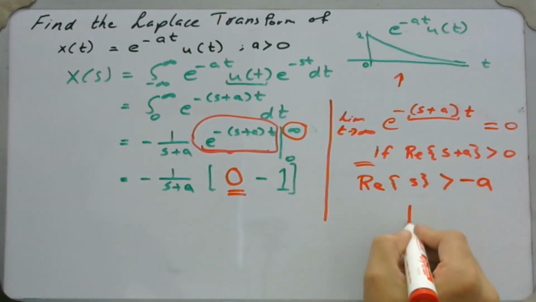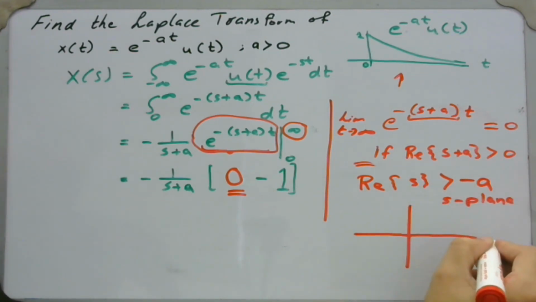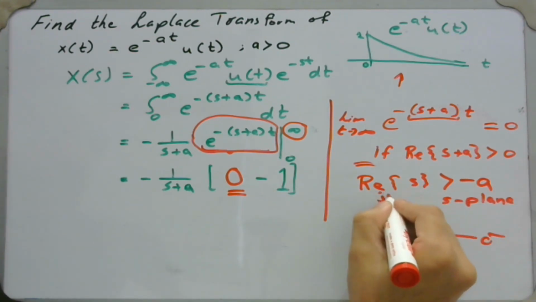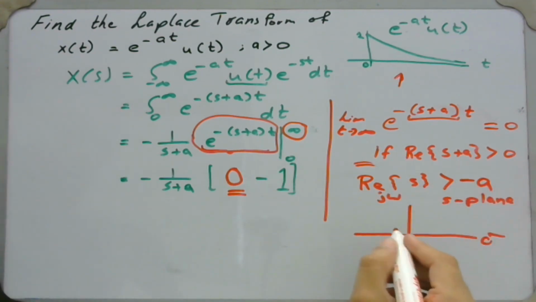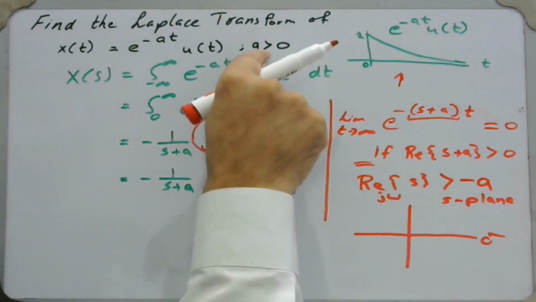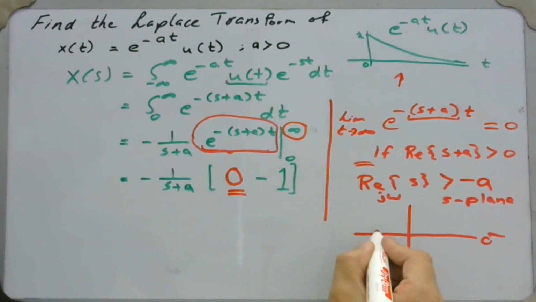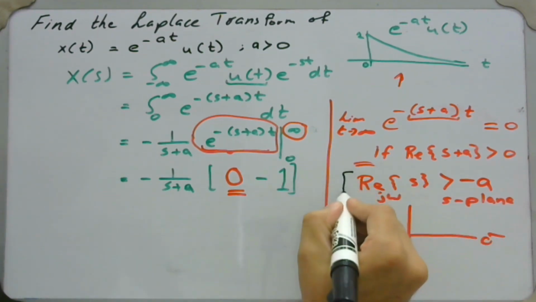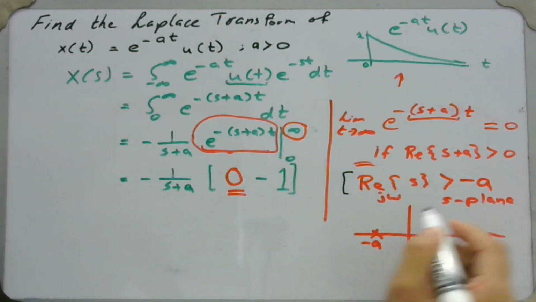So if we plot the s plane, this is sigma and this is j omega. We have some value which is minus a. Note that a was positive, so minus a would be on the left side. Let's say this is minus a. This function suggests that the real part of s should be greater than minus a.